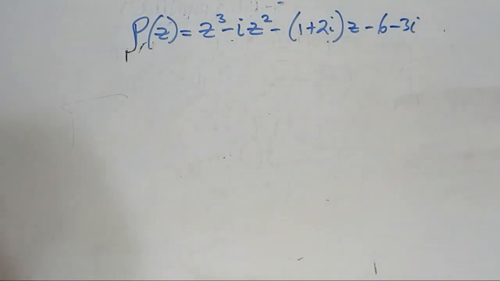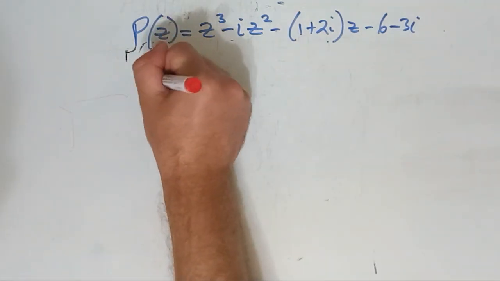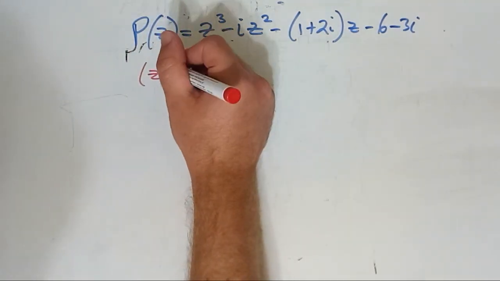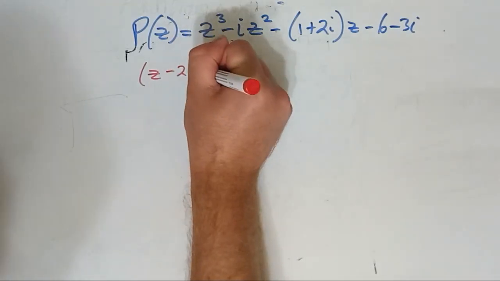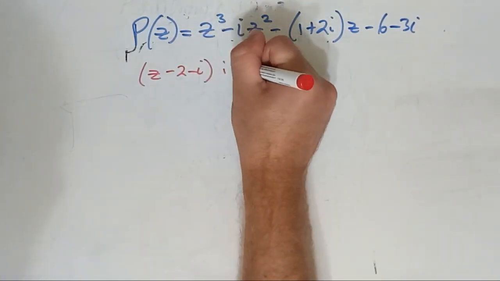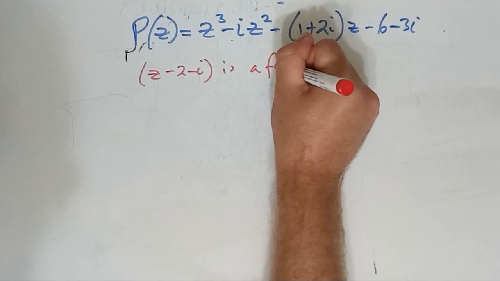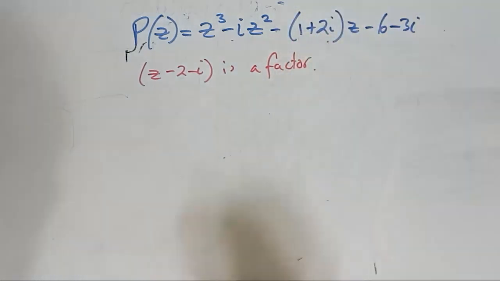All right, but we might be given a factor. So we might be given z minus 2 minus i is a factor. Okay, if we're given that, we could try and do some long division. So let's give that a go.